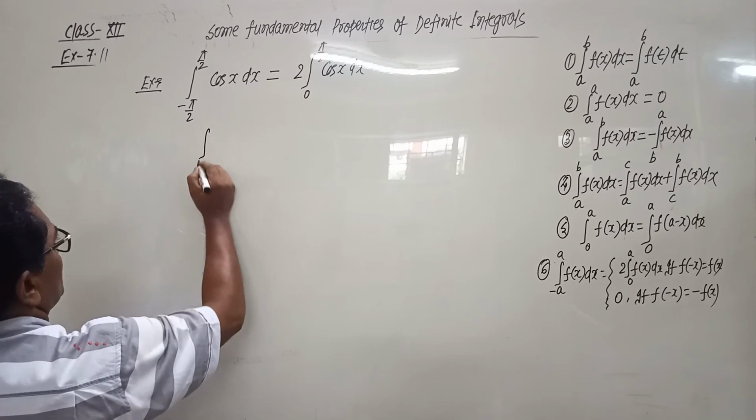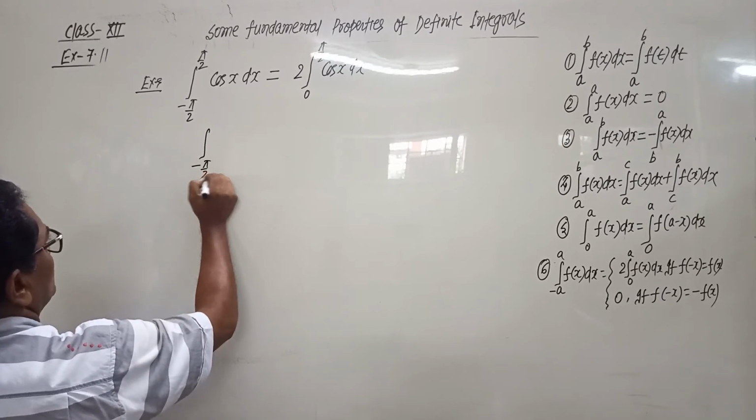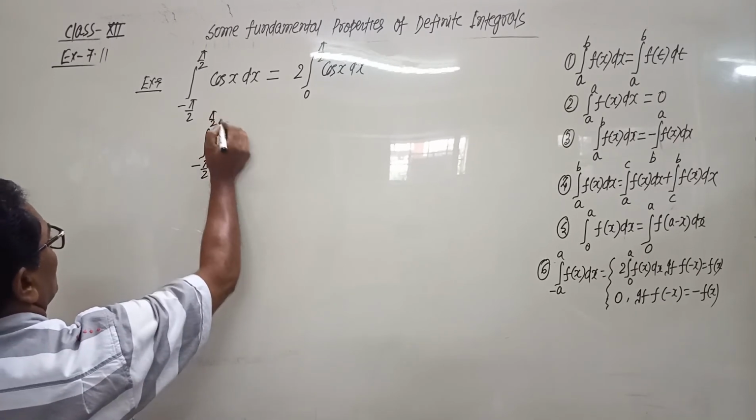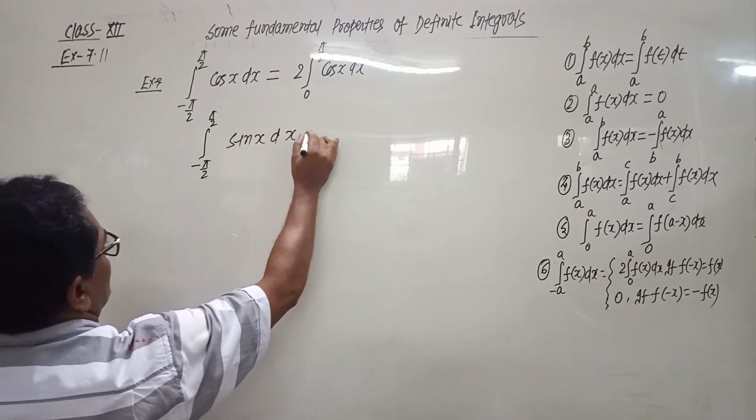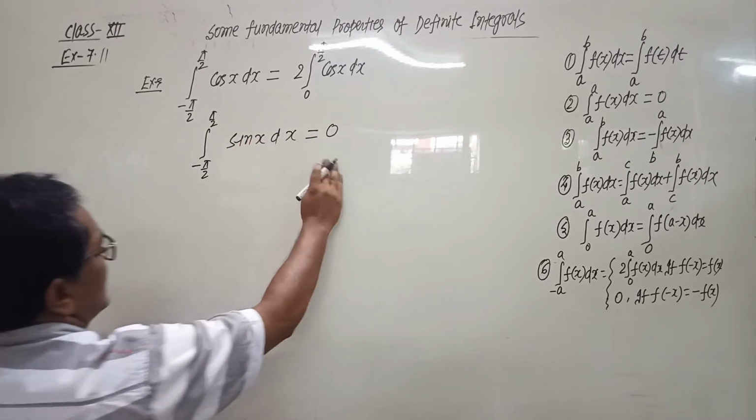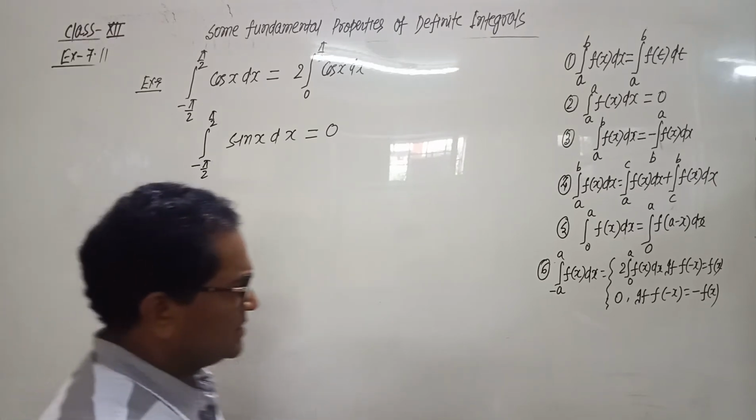And integral minus pi by 2 to plus pi by 2 of sin x dx is equal to 0, because sin x is an odd function.